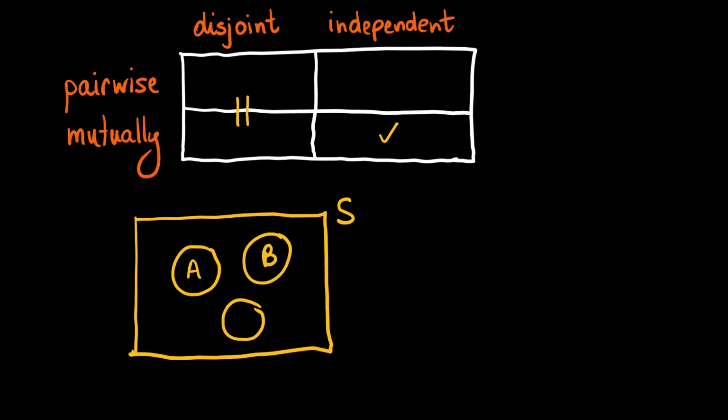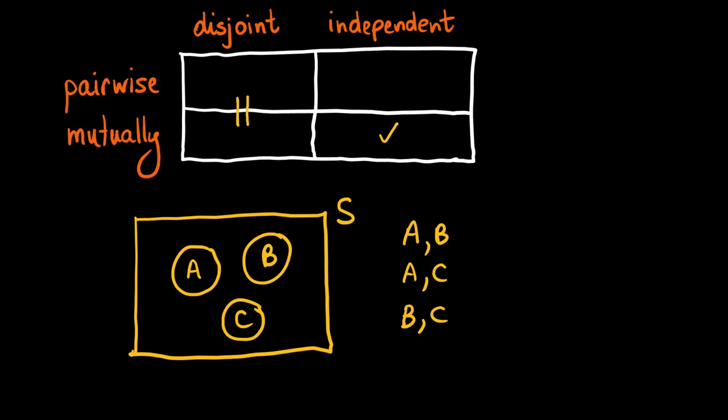If we have three events A, B, and C, pairwise disjoint means that any pair we pick, A and B, those are disjoint. A and C, those two must also be disjoint, and B and C, those two must also be disjoint. So pairwise disjoint just means every pair is disjoint.